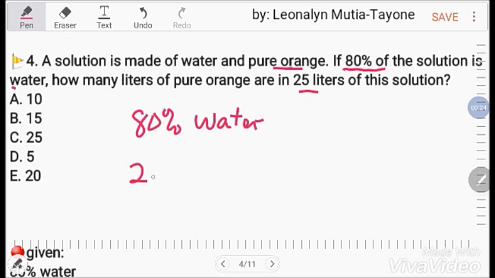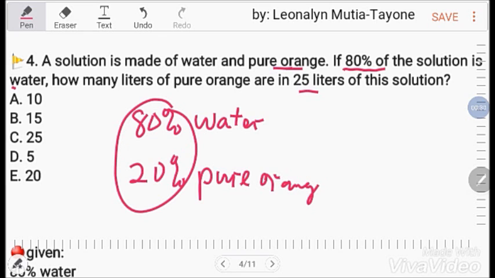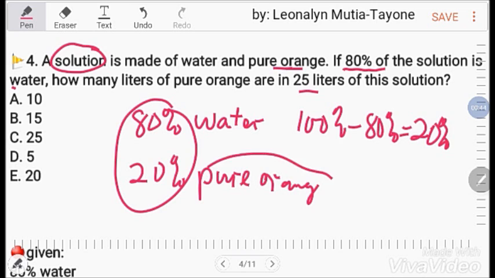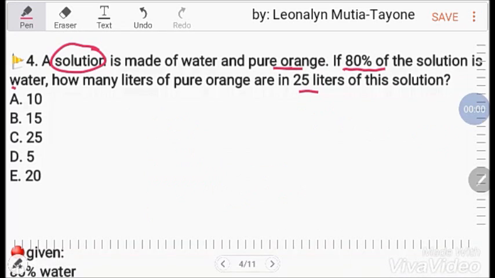So, 20% ay pure orange. Paano nangyari yan? Always 100% tayo. Yung buong solution na yan, always 100% yan. So, minus 80% yung water. So, 20% ang pure orange.